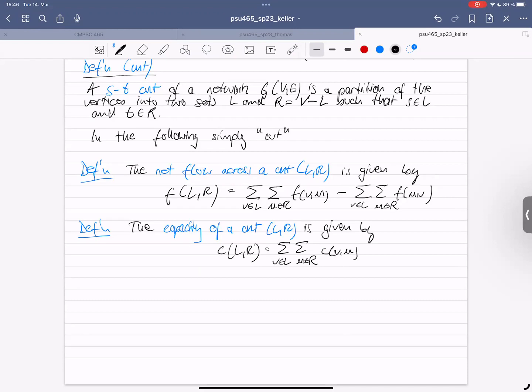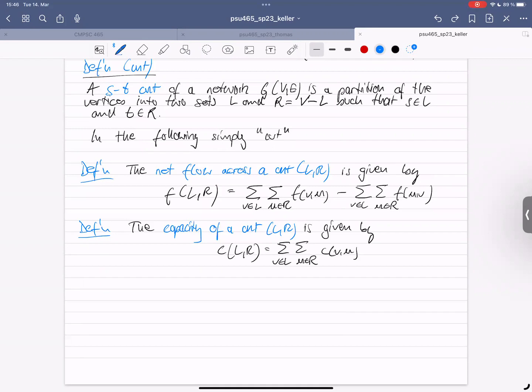So for now, it's just a definition. It's the capacity of a cut. We didn't really do anything with this yet. We will be interested in the best one of them, and the best meaning in this case the cut with the smallest capacity, because we will use this for upper bounding our flow, and small upper bounds are good, and that's why we're looking for the smallest capacity. You will see this later. For now, this is just a definition.